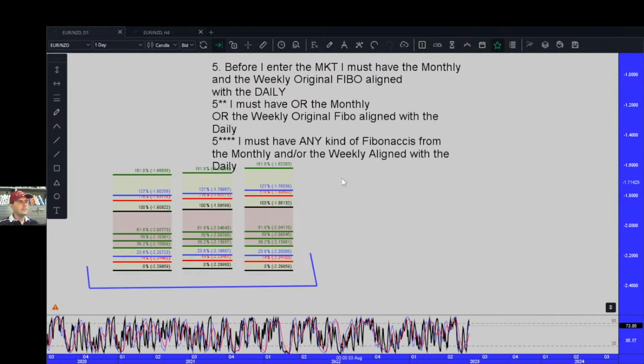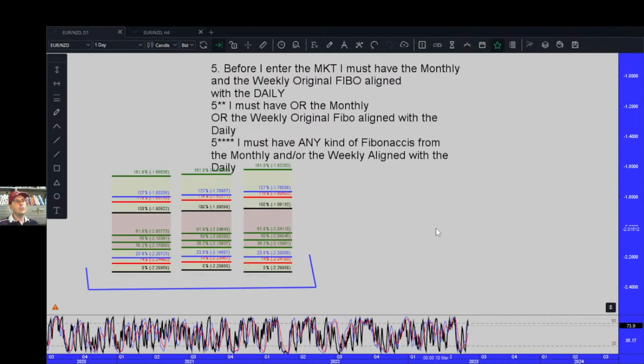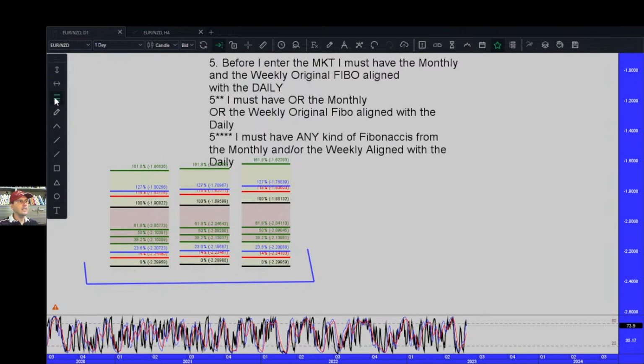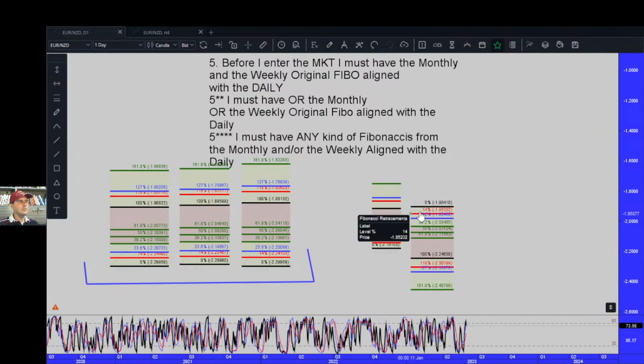Number 5.2. I must have either the monthly or the weekly original Fibonacci aligned with the daily. So the monthly is up, the weekly is down, and the daily is down, right? Now you can enter, right? Yes, you can.